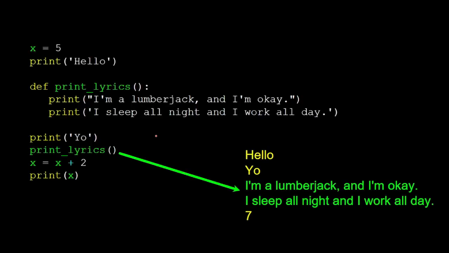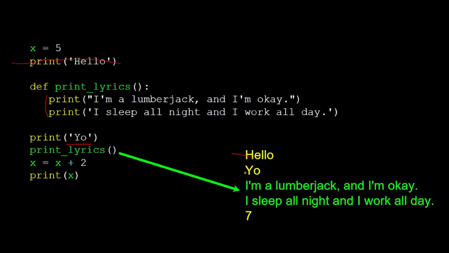Let's see: x equal to 5, print hello, def print lyrics. These two lines of code are the body of the function. Then we call print lyrics, then x equal to x plus 2, print x. Okay, this is hello yo, the first output.